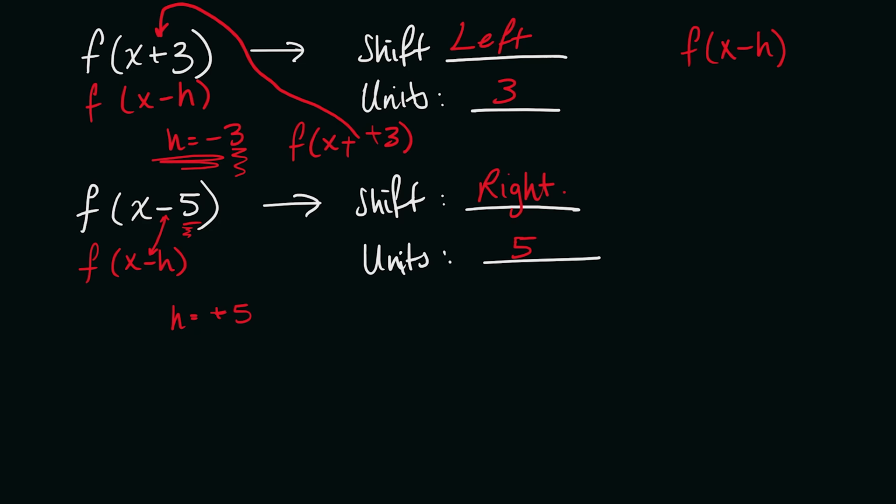Now, a way that I would look at it, and it would make complete sense to me, is by thinking about it without the negative symbol. Whenever you don't have the negative symbol, the rules reverse. So it depends on if you want to think about it the original way, where it's f of x minus h, or if you want to think about it as f of x plus h.